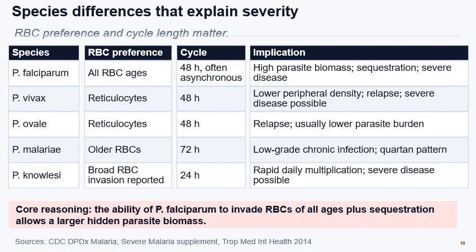Add sequestration, and total parasite biomass may become far greater than what is visible in peripheral blood smear. Knowlesi, on the other hand, deserves our attention because its cycle is only 24 hours, permitting rapid daily multiplication.